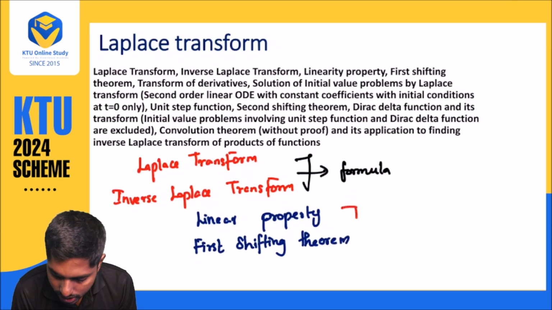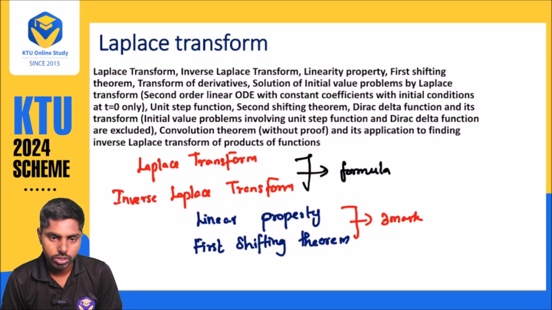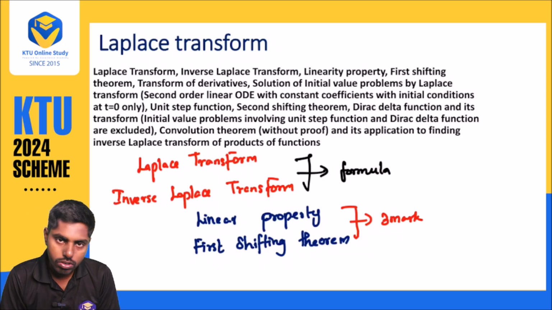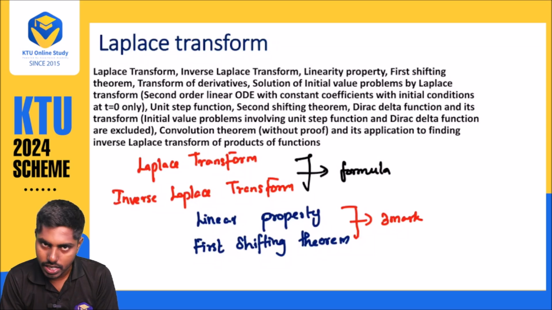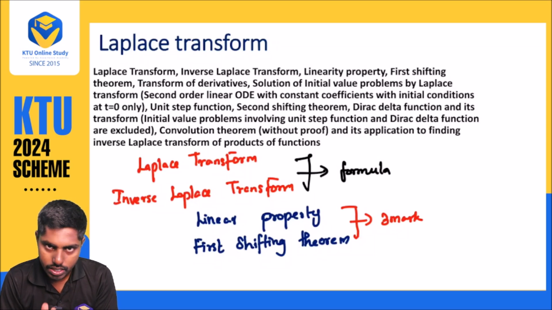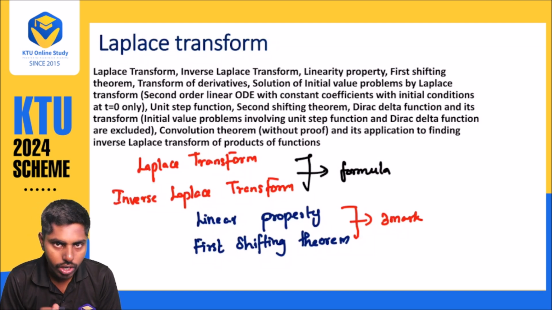These are the areas you can expect. So today we are going to see the topic on linear properties and first shifting theorem, and we are also going to study the formulas of Laplace transform and its inverse Laplace transform. These are the areas today we are going to cover.